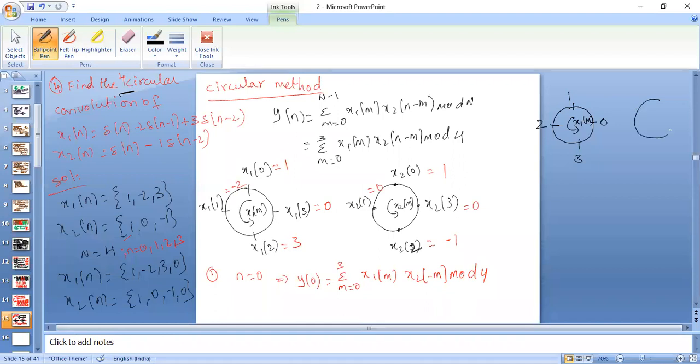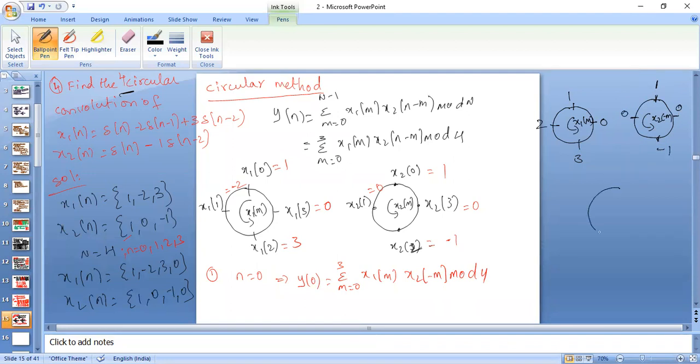And then we need to have x2 of minus m. How did I say it, amma? Represent the sample amplitudes in clockwise direction and consider them in anti-clockwise direction: 1 0 minus 1 0.